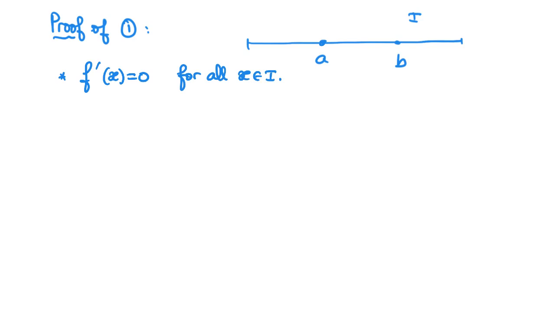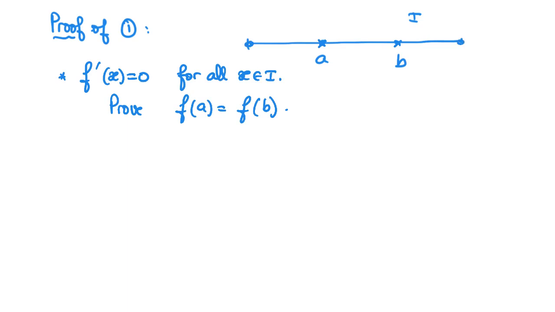So let's take any two numbers a and b. What I want to prove is that f of a is exactly equal to f of b. So therefore, that would mean that the function is constant. It's the same value everywhere on the interval I.